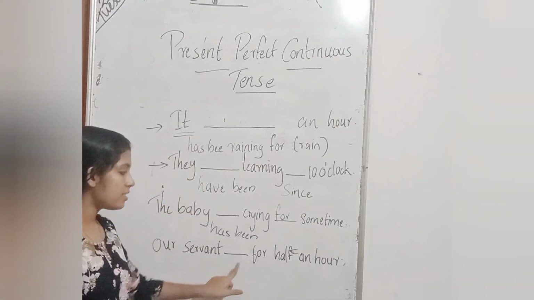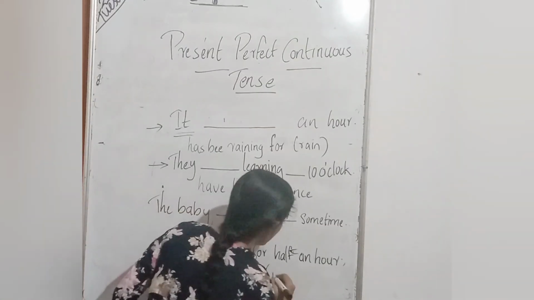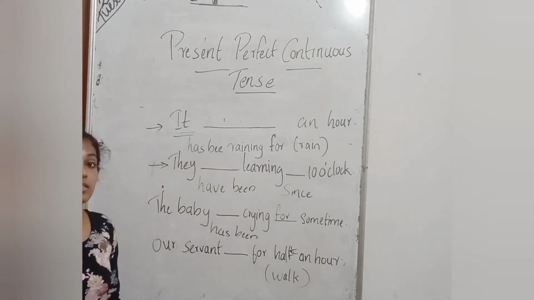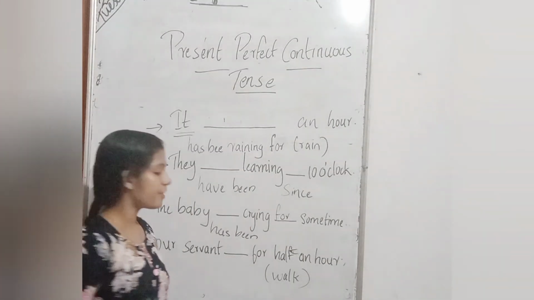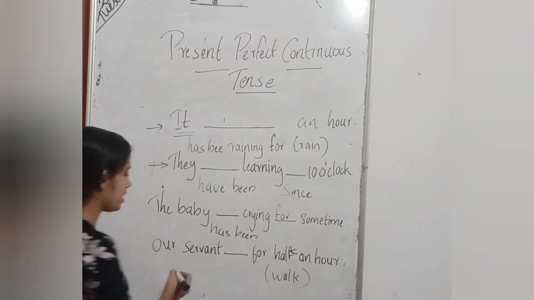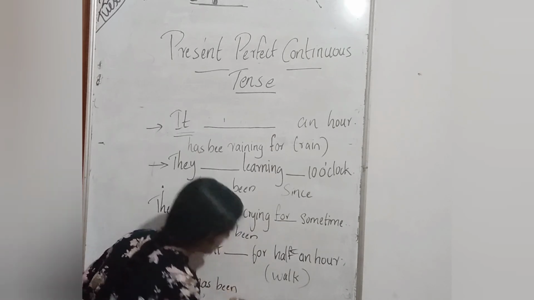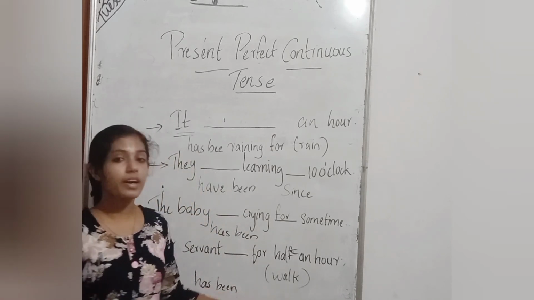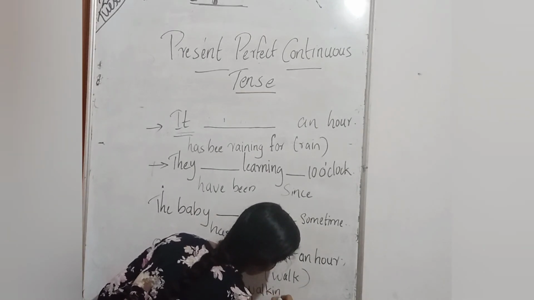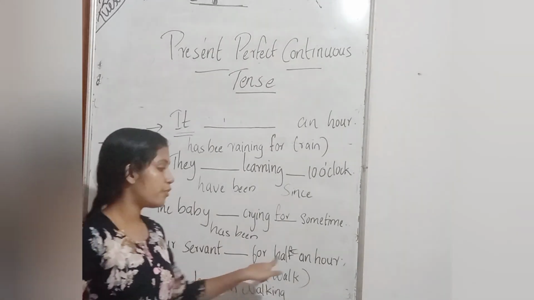Our servant dash for half an hour. Here the form of verb is walk. We have to use present perfect continuous tense. Our servant has been. ING form of walk. Walking. Our servant has been walking for an hour.